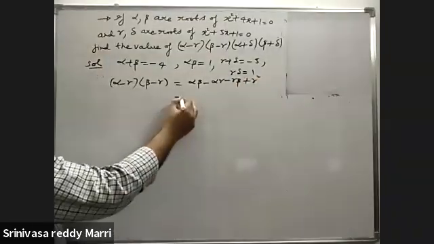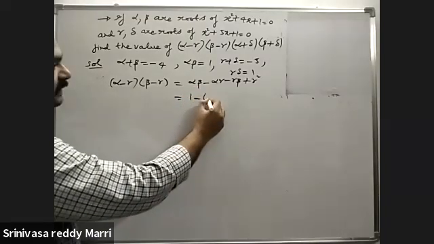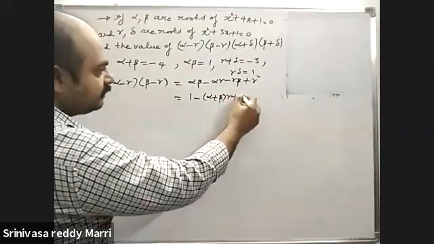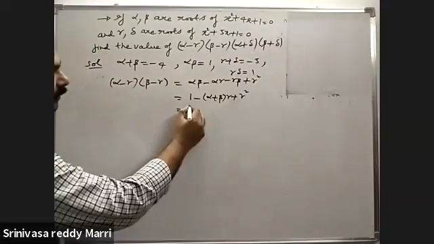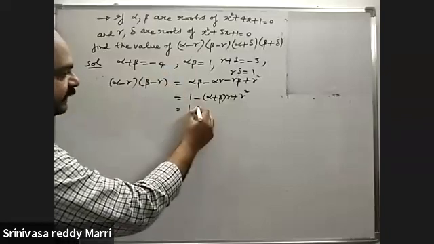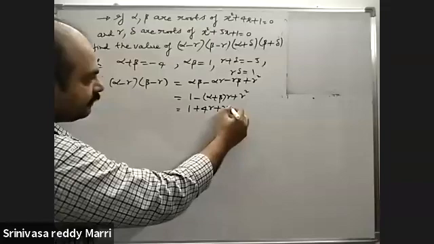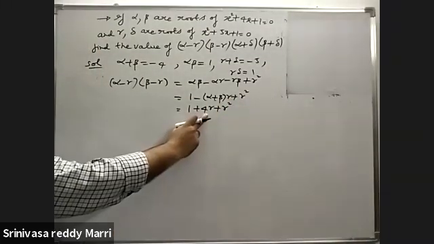Now alpha into beta is 1, minus of (alpha plus beta) into gamma, and take common gamma square. So now 1 plus minus of minus 4, since alpha plus beta is minus 4, gamma, plus gamma square.